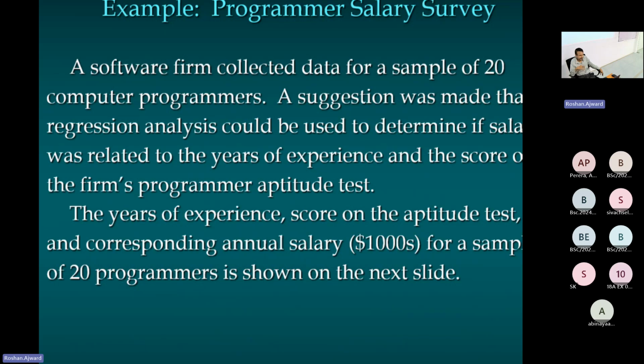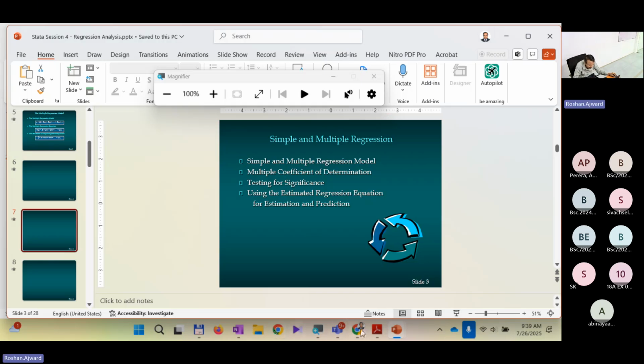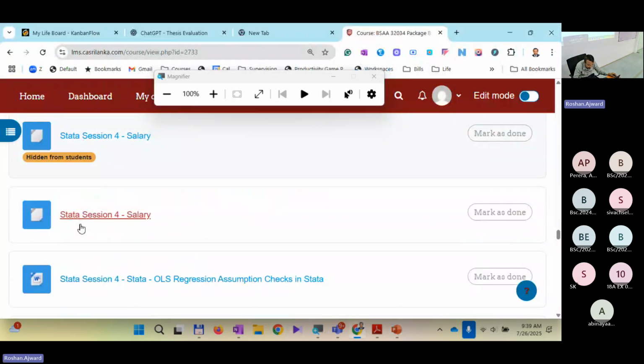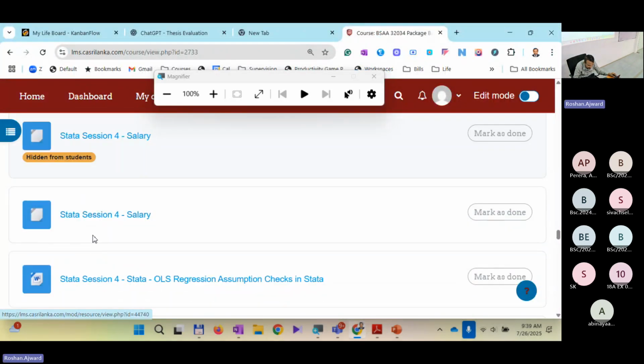But for that, first of all, you need the data file, and I have given you the data file in the LMS. Download it and open it. Shall we do that together? Okay, so let's do that. First of all, go to your LMS and download this file, which is in week number 6, if you have not already done so. Data session 4, 7.